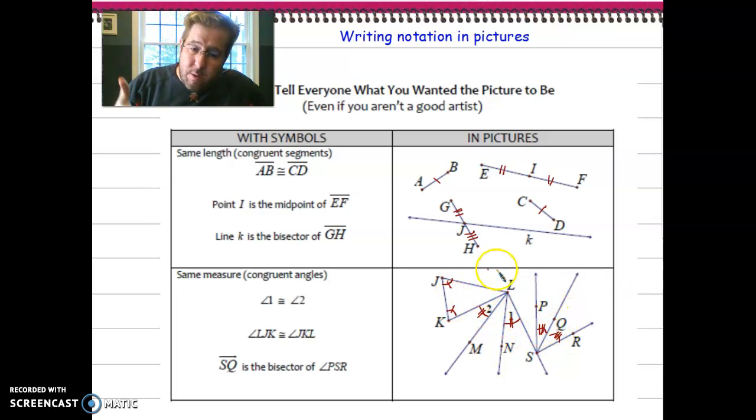Now, notice that on the same diagram, I have a 1 mark, a 2 mark, and a 3 mark. It's very important that you don't use the same markings for different ones, because if I put 1 marking here, then I would be technically saying that this angle is the same as this one, since all 3 of them have 1 marks, or all 4 of them have 1 marks, and there's no way for me to prove that. So it's very important when you're using the same diagram.